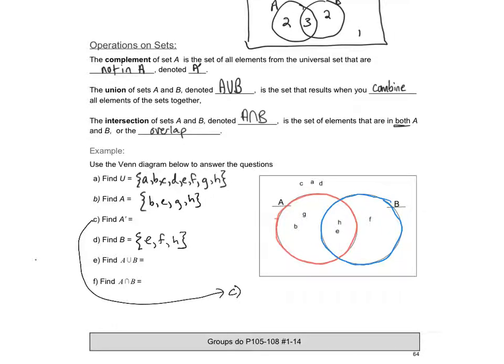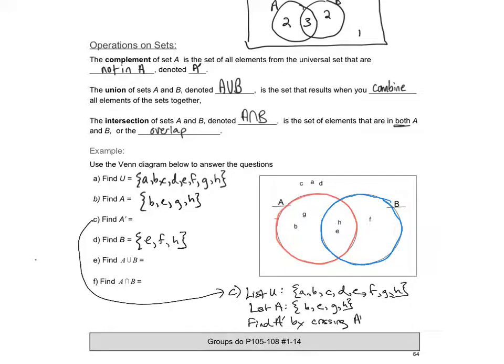So for C, I would recommend that you list the universal set: A, B, C, D, E, F, G, and H. And then I would recommend that you list A, which is B, E, G, and H. And to find a complement, you want to find a complement by crossing A's elements off of U.